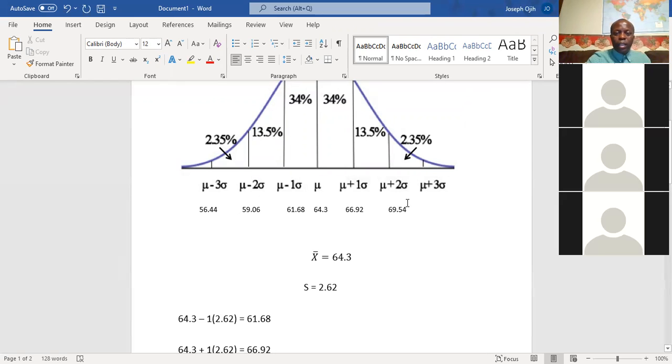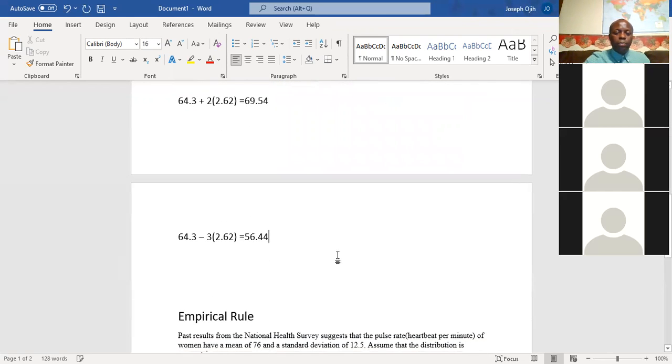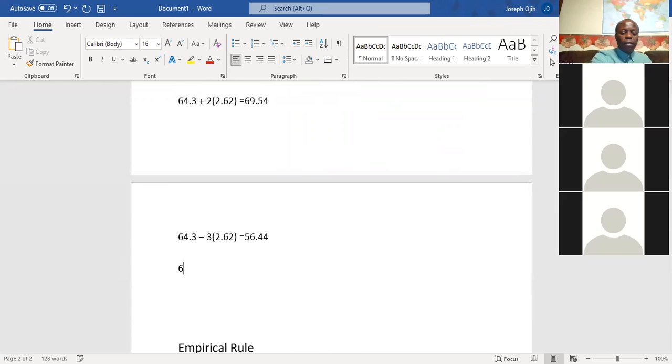And of course, now let's do the same thing for the plus side. I mean, repeat the same process, but use a plus sign to get the other side. So I'm going to do 64.3 plus 3 times the standard deviation of 2.62. Okay, I'm taking you to the calculator to figure this out.